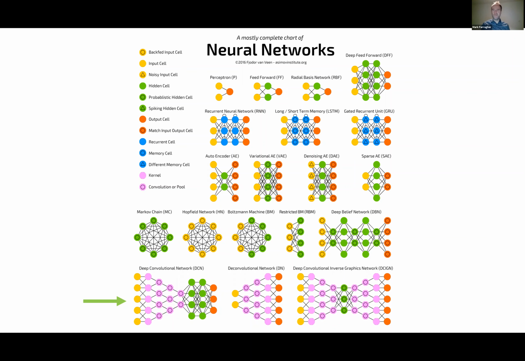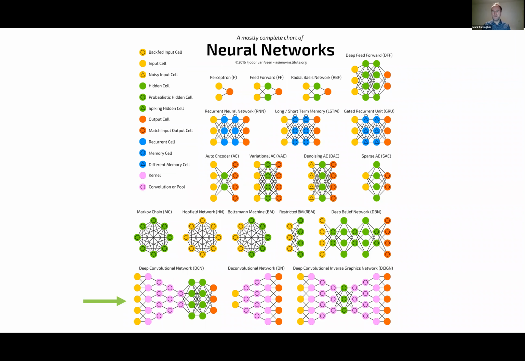So this convolutional network in the bottom left is very, very good at recognizing objects in images. So it's a visual pattern recognition engine. It can recognize traffic signs and cars and people and animals and objects and all kinds of stuff. So whenever we build object detectors, we always use this convolutional architecture.